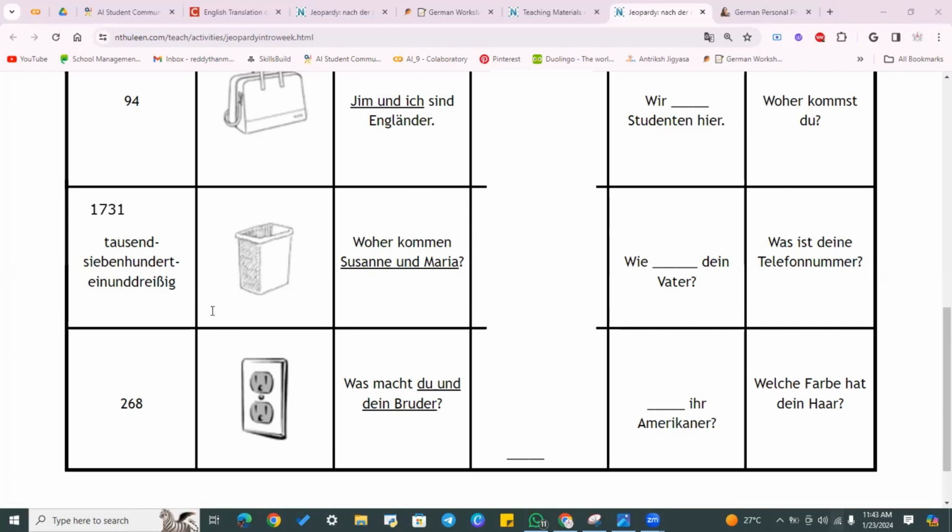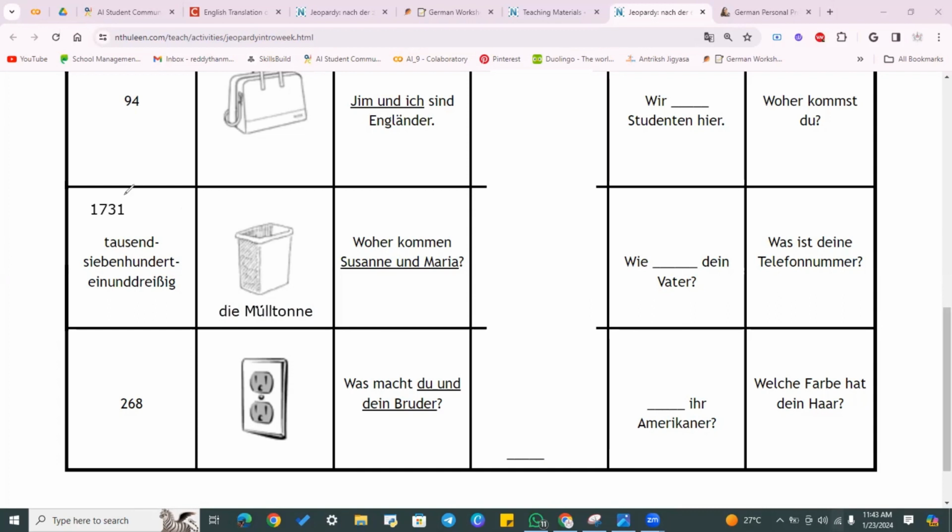Okay, and the picture you can see is of a dustbin. So what is dustbin in German? It is die Mülltonne. And it has an umlaut on u. Well, give me a second. I will add the umlaut.